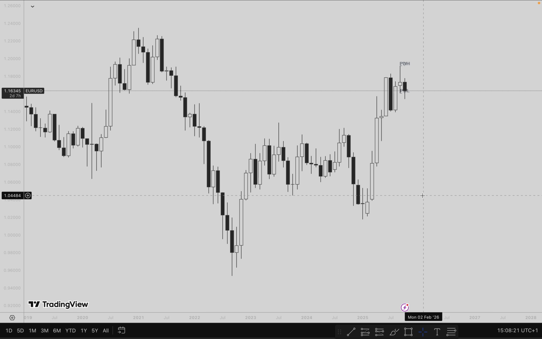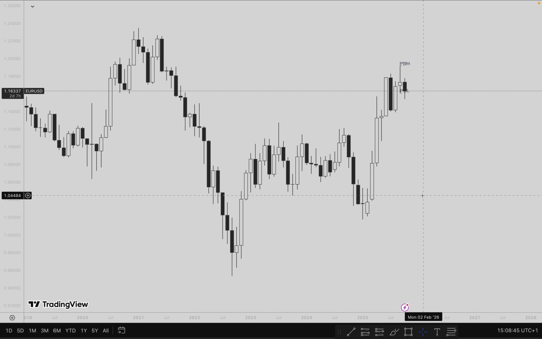For example, why are we using the monthly time frame? To see how the previous month was closed and to build our strategy, those draws on liquidity for this month, and make a prediction based on the probability of how the market will be moving this new month.